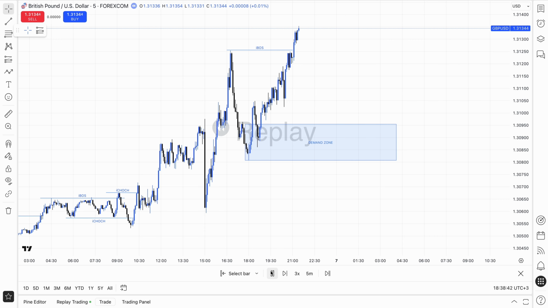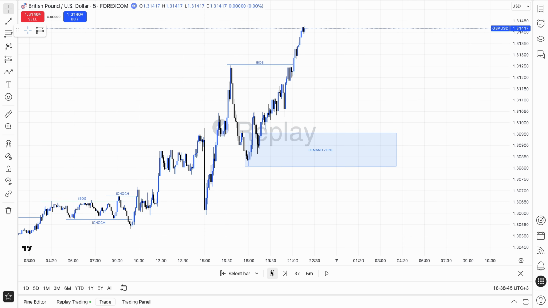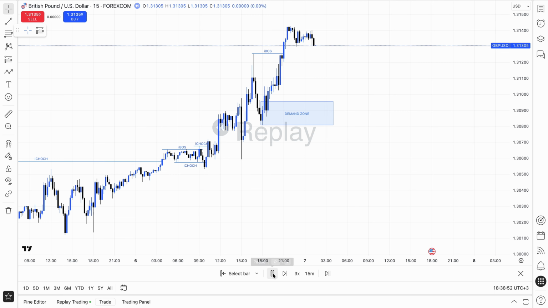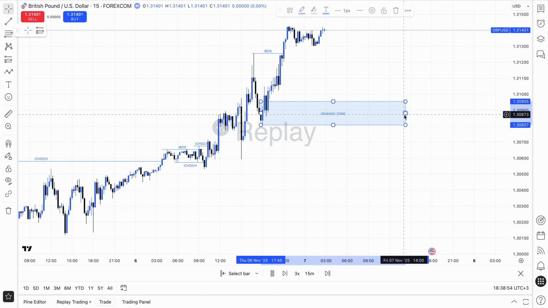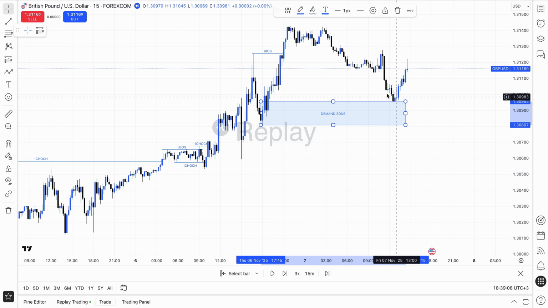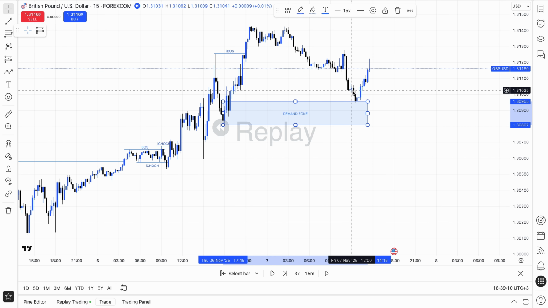So the price came down cleanly, and we had a clean tap to that demand zone, you can see it, and we had our confirmation.